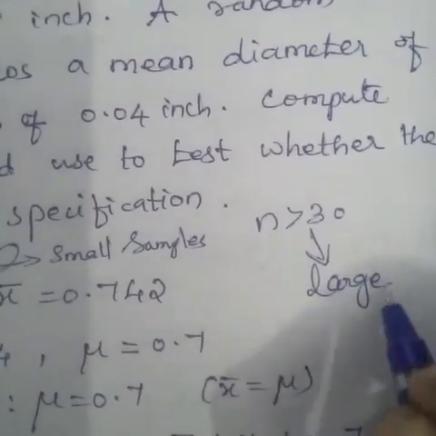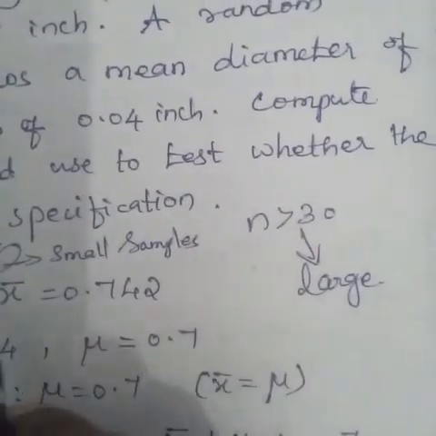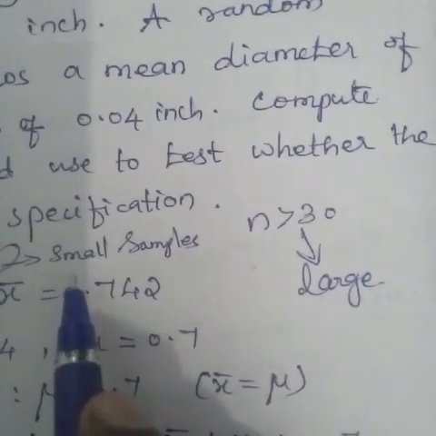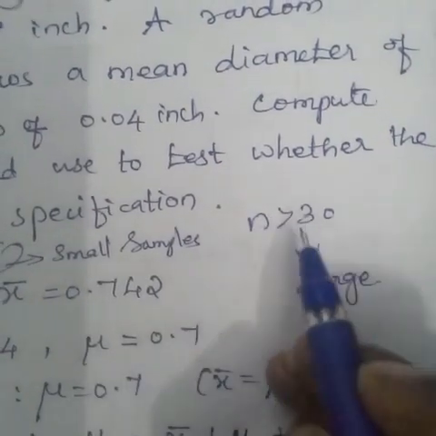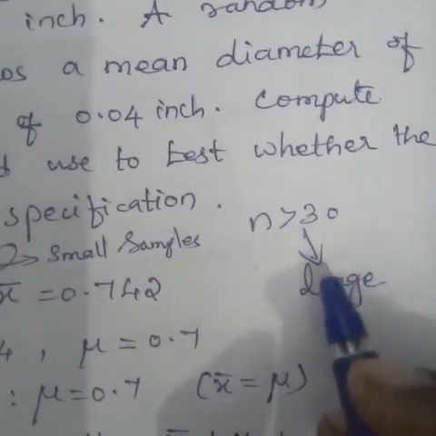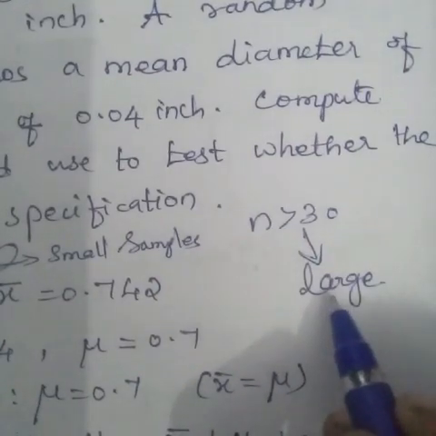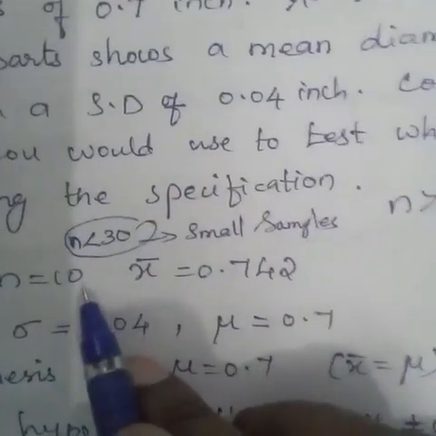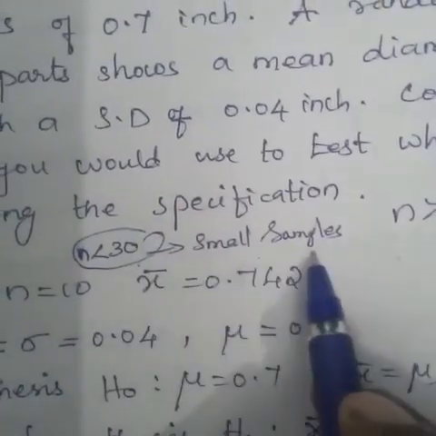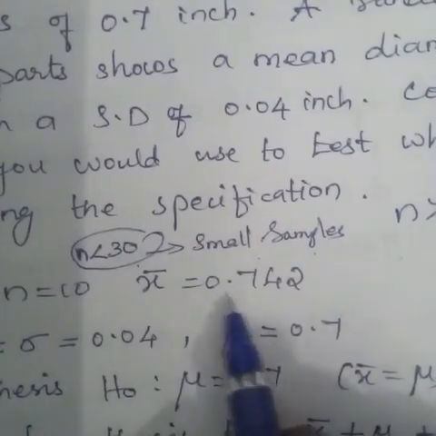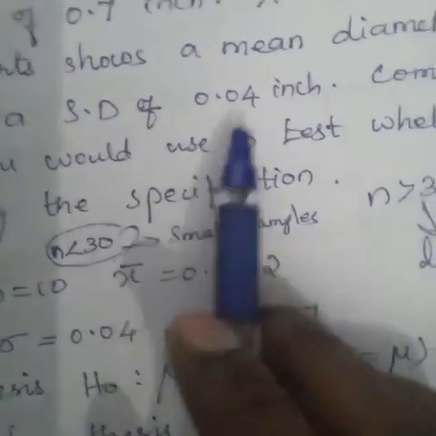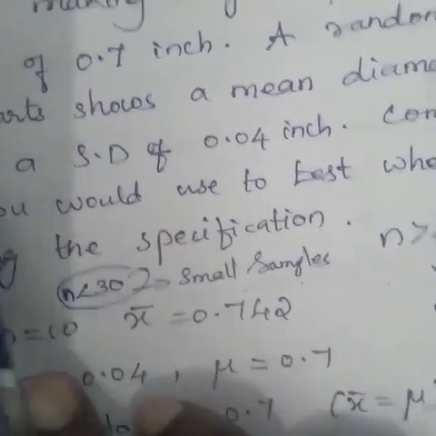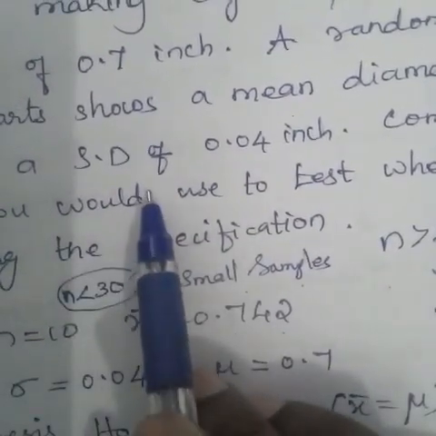For small samples we have the t-test, the f-test, and the chi-square test. For large samples, n greater than 30, the test is the z-test. Now n is 10, less than 30, so small sample. And x bar, the sample mean, is 0.742.